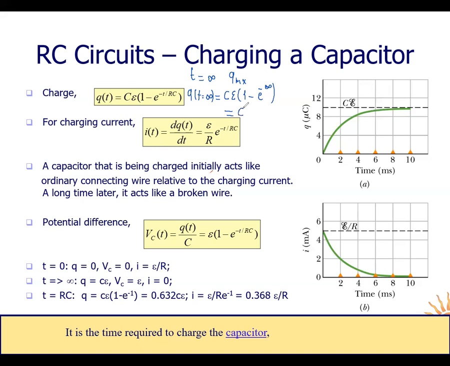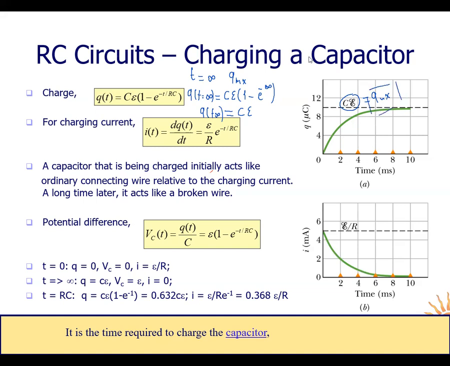So here we get CE for q at t infinity. As you see here, when we have time equals to infinity, we reach the saturated situation where we have q maximum, which is equal to C times E.